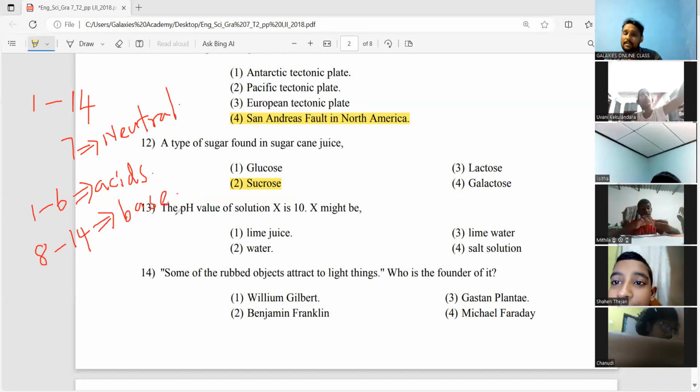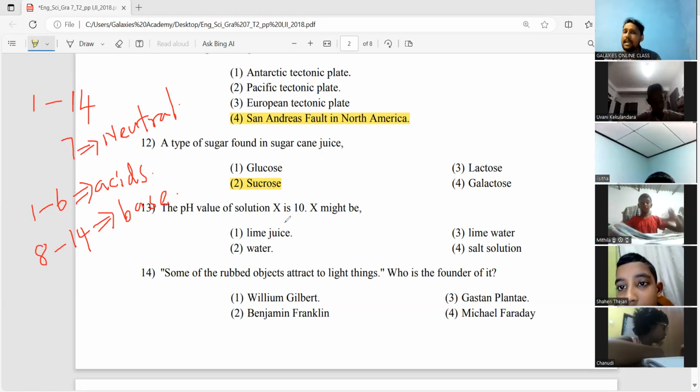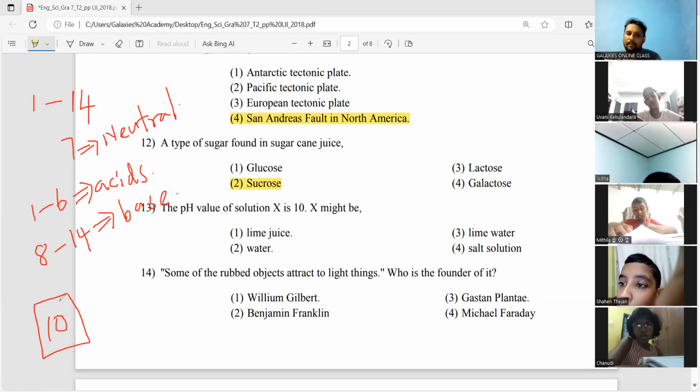Okay, then this question asks: the pH value of solution X is 10. So what could that solution be? Can you tell me, can this solution be a neutral substance, acidic substance or basic substance?